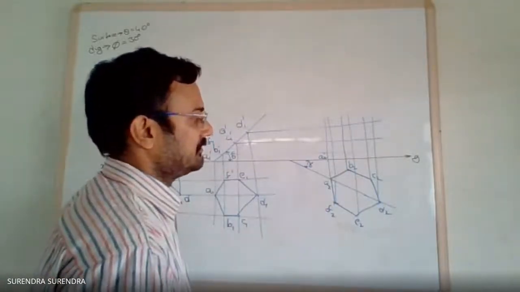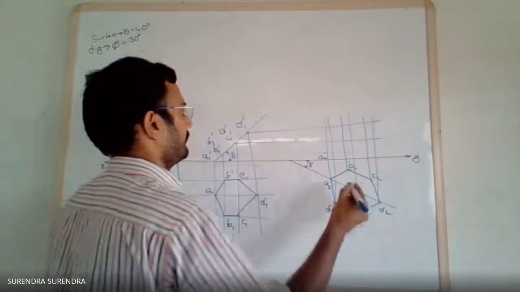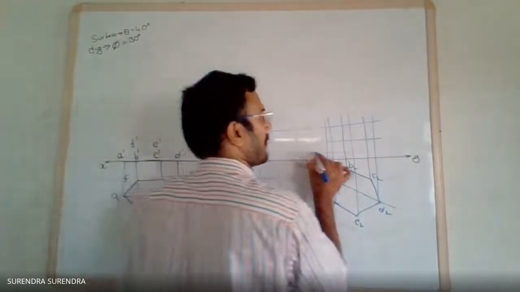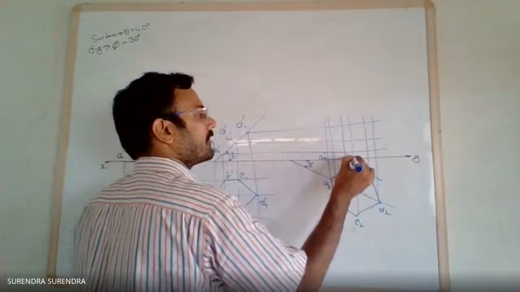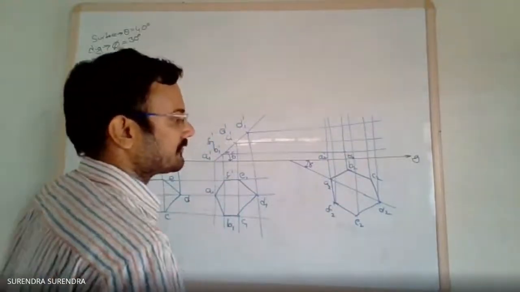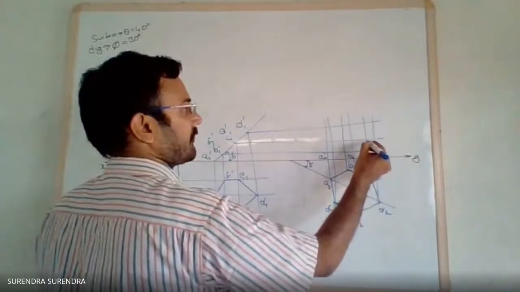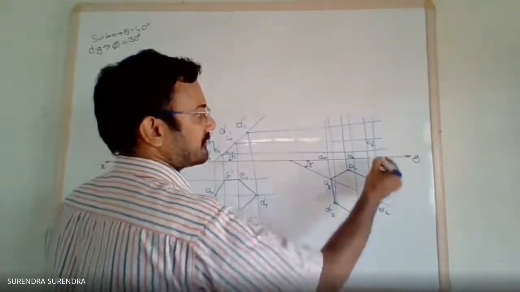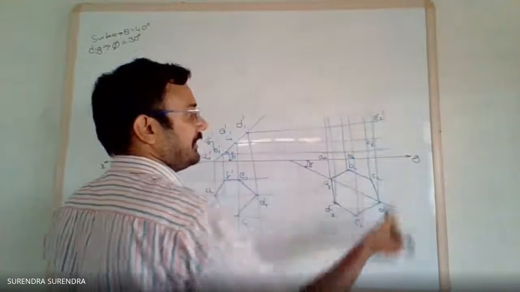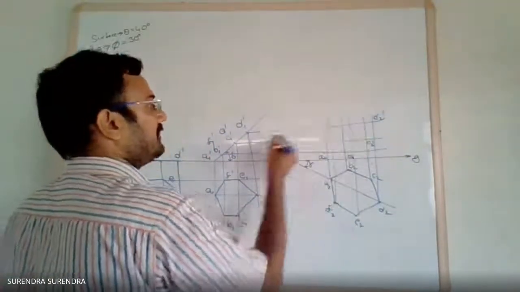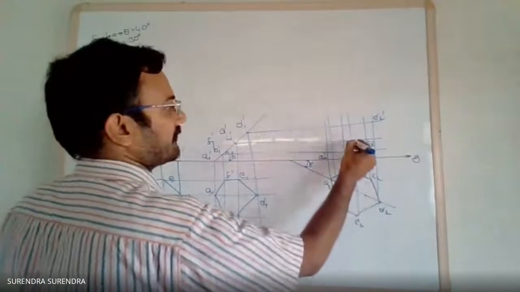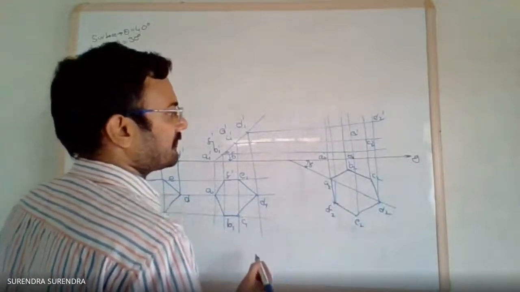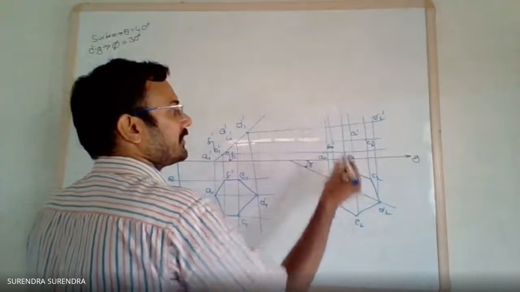A2 dash, one more line, B2 dash, C2 dash, D2 dash, projection from E, locus from E, E2 dash and F2 dash.